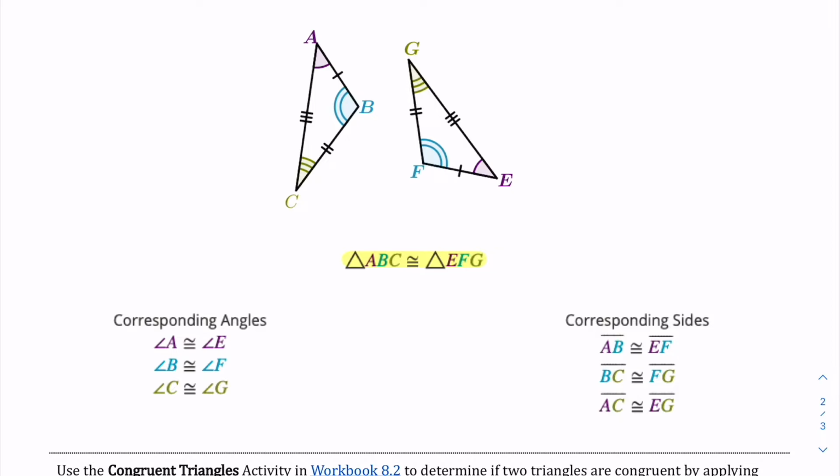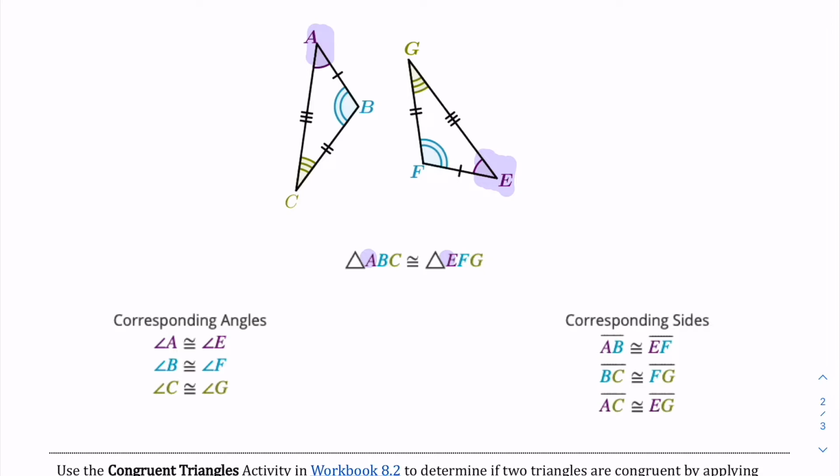And just going back to what I said at the end of 8.1 about the order, notice that the corresponding angles are in the same order here, right? So they have angle A that's corresponding with angle E, because those have the same measurement, and A and E start off the way that we title our triangles.